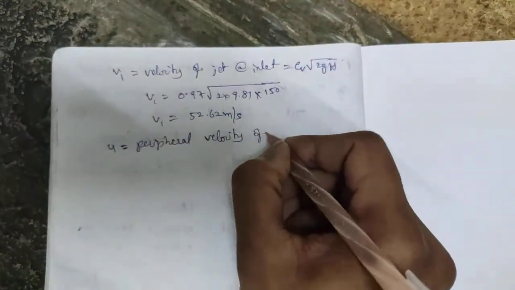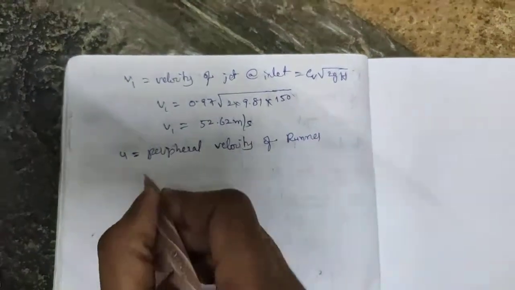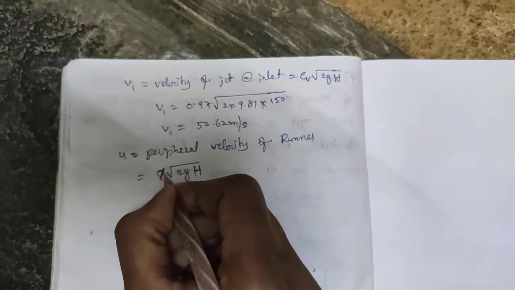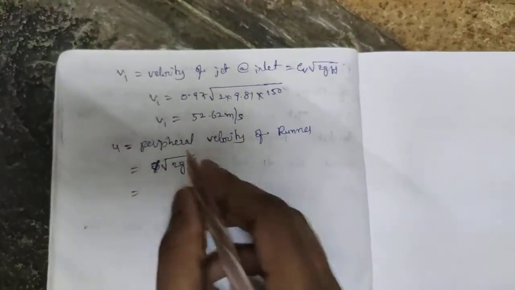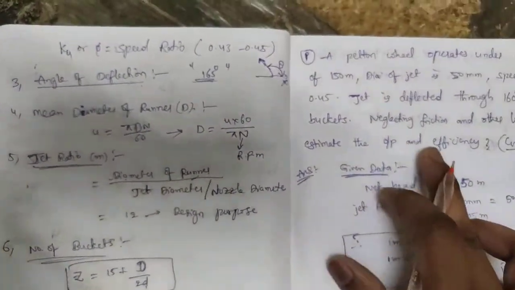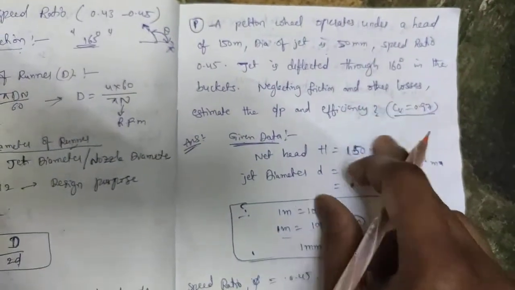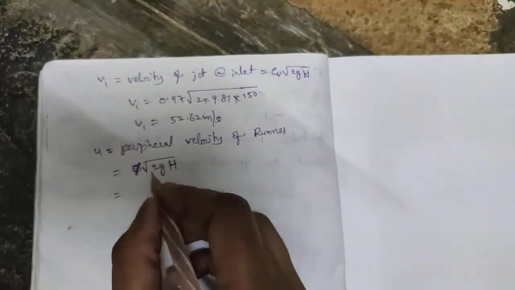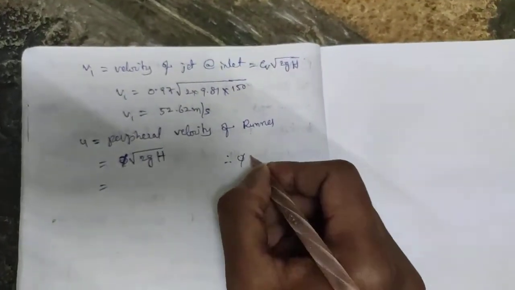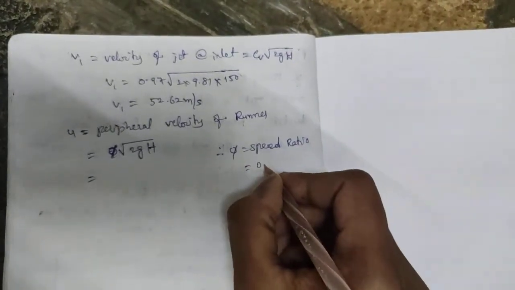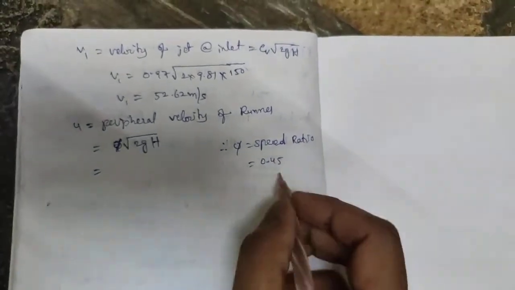And next thing is small u, that is the peripheral velocity of runner. So the formula is phi root 2gH. In the question there is no value given for phi, so consider phi, the speed ratio, is 0.45 for designing purposes.